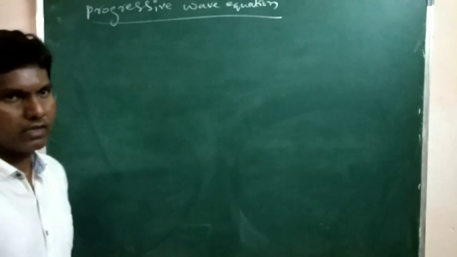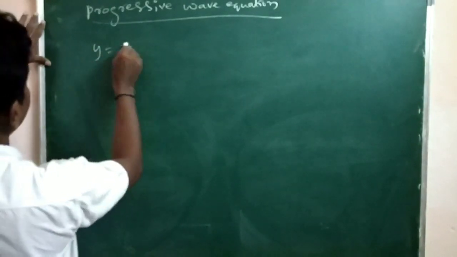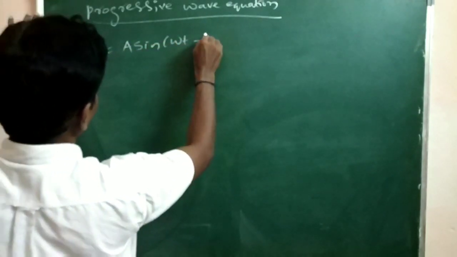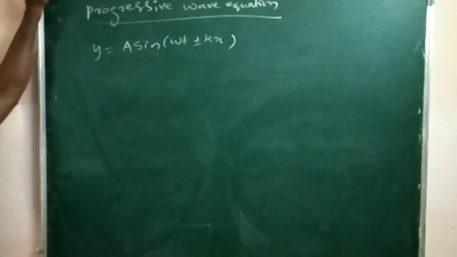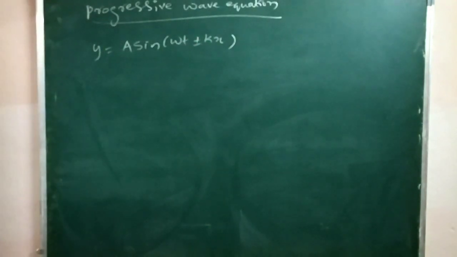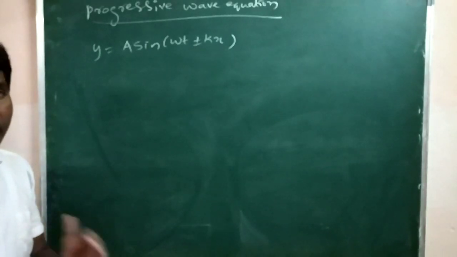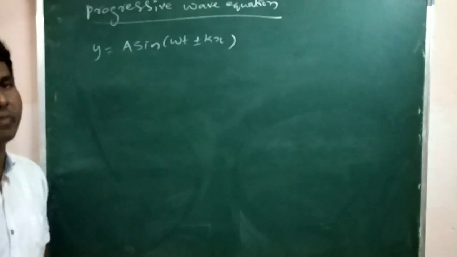So the wave equation, y equals a sine omega t plus or minus kx. We represent the harmonic progressive wave equation as y equals a sine omega t plus or minus kx, because in wave propagation, particles are vibrating about their mean position.